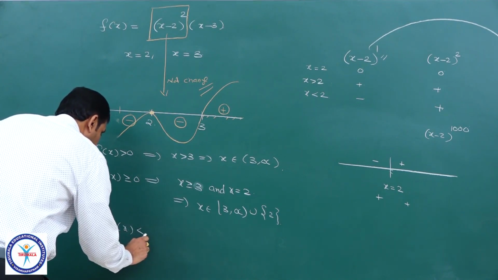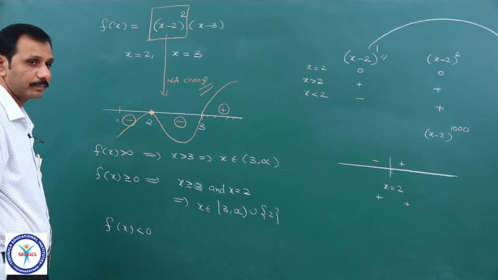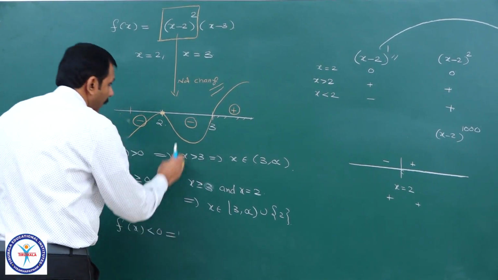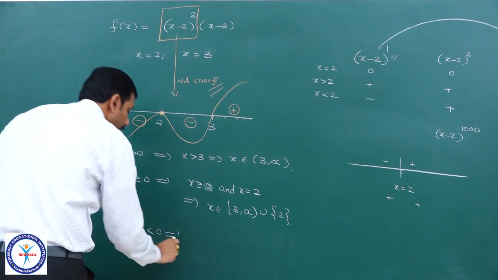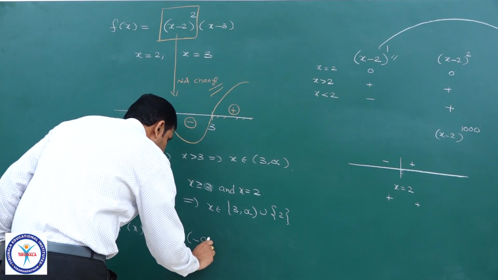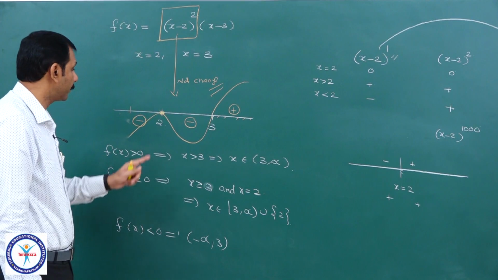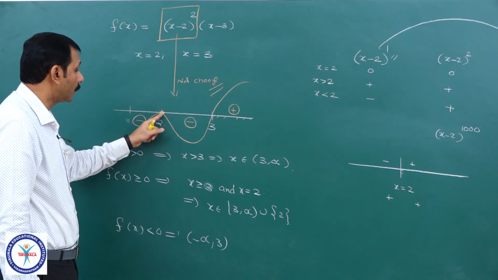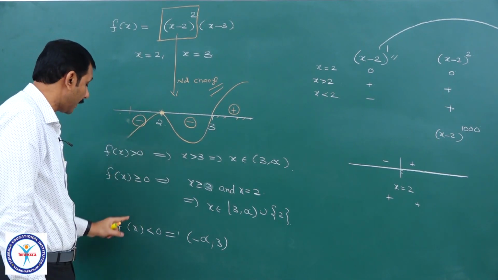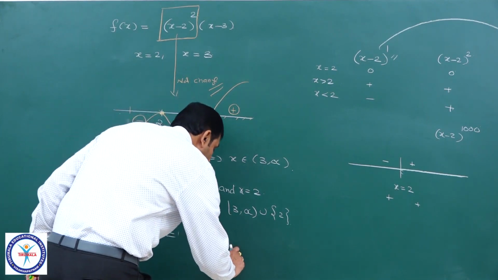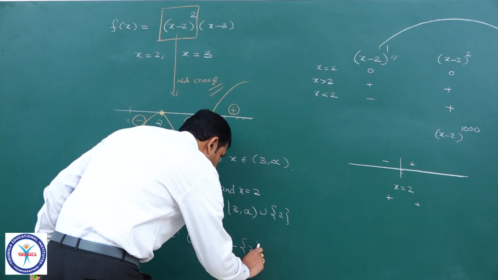Similarly, if I want f of x less than 0, f of x less than 0 means, complete for all these values, minus infinity to 3, but you need to check at x equal to 2 it is equal to 0, but I don't want 0, it should be less than 0, so minus set 2 you have to take.